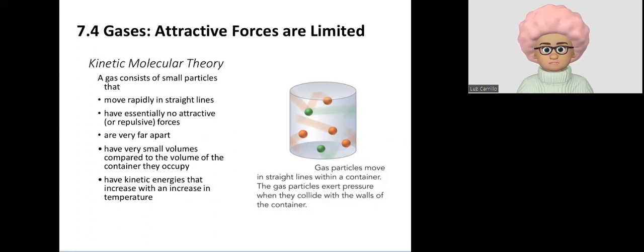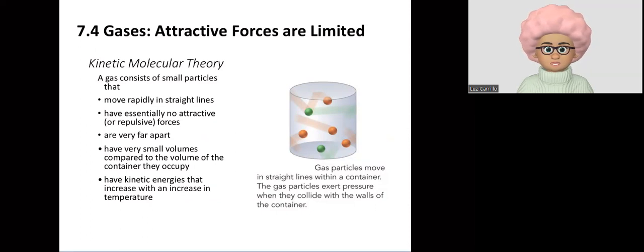Now, whenever these particles meet another gas particle within the container or the walls of the container, we can observe how they are going to move continuously within the space that they're occupying, but always in a straight line.